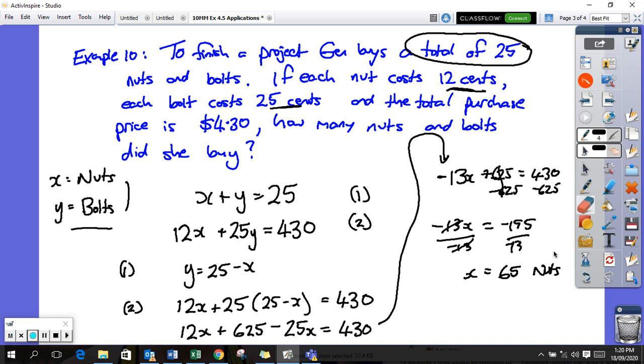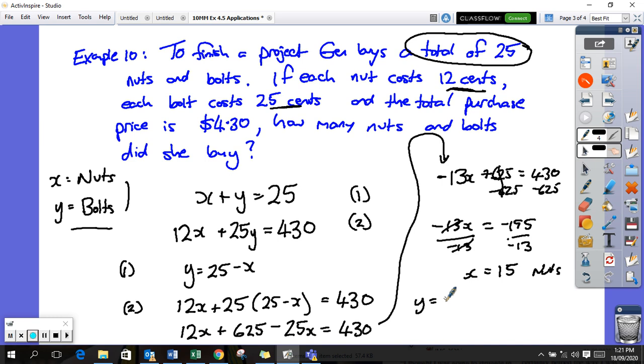So let's just go back. Sorry about that. I'm sure you picked that up as I was doing it. We're dividing by 13, so we've got negative 195 divided by negative 13, and we get 15. So x equals 15 nuts.